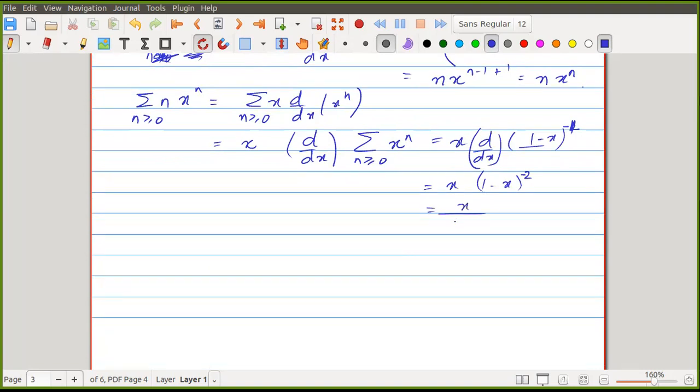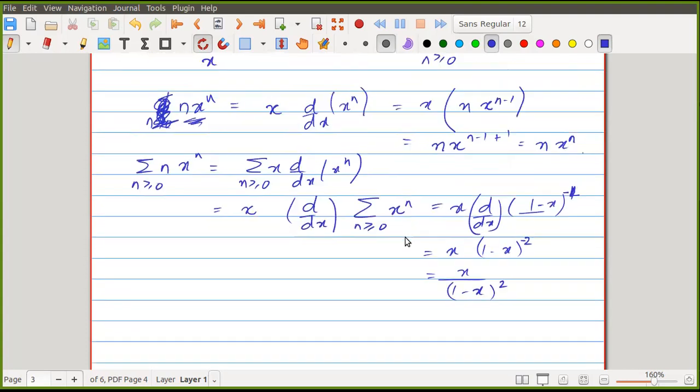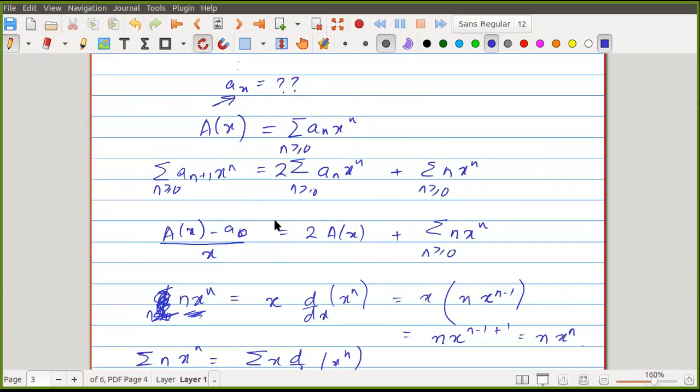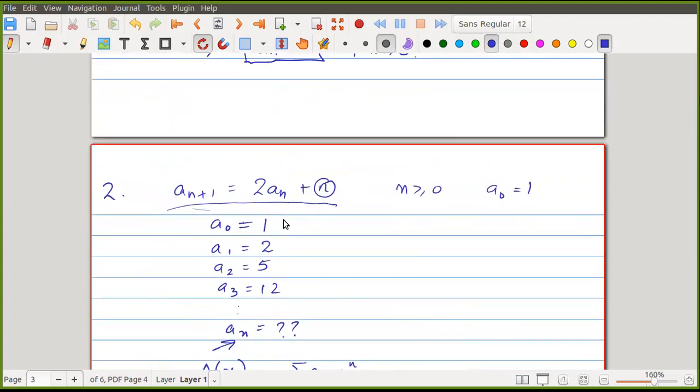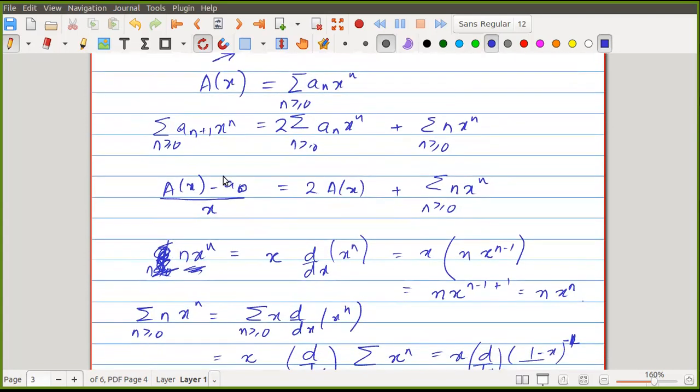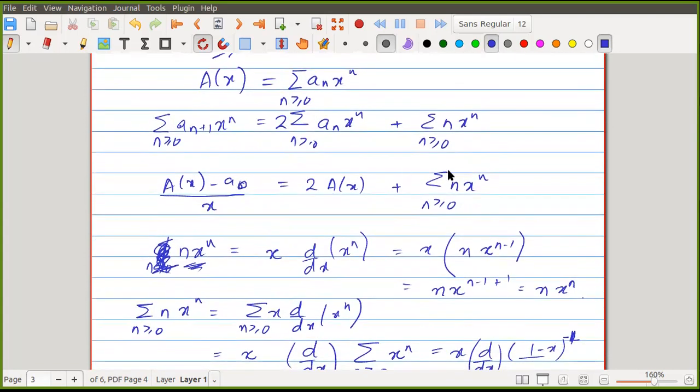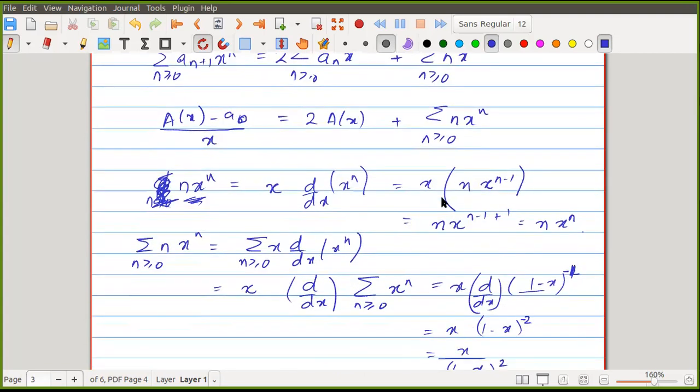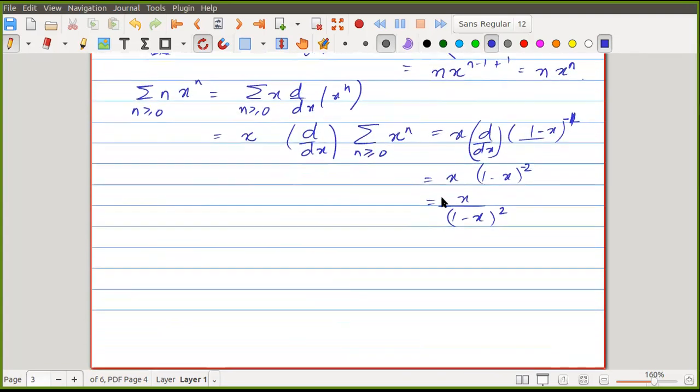Which is actually this, correct? Everybody is with me so far? Now we go back and plug it in this expression. What was a0 again? 1. So here we'll put 1 and here we'll put what we have just achieved and see what it becomes.